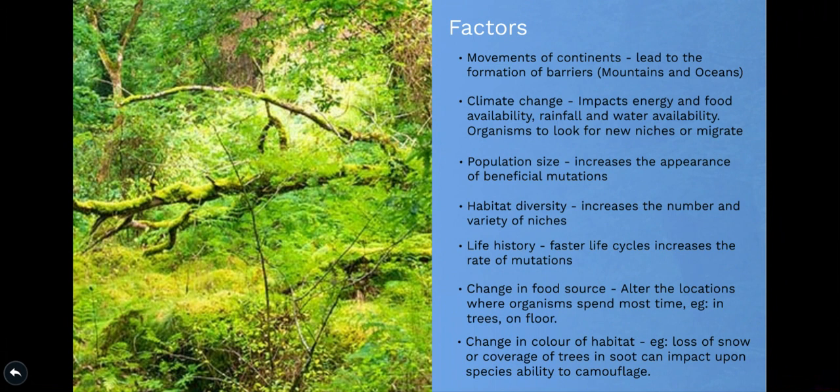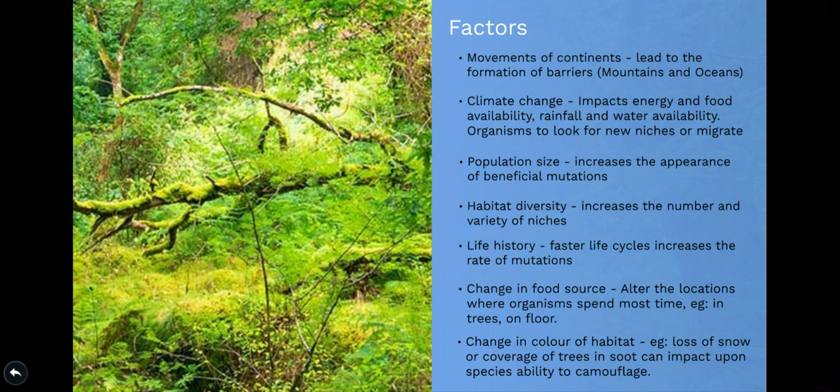This increases the number and the variety of niches that are available and the different roles that an organism can play in an ecosystem. Life history, also key. Faster life cycles increases the rate of mutation. So we tend to find this in less complex organisms, perhaps insects, for example, where faster life cycles increases that rate of mutation and the rate of change physiologically.